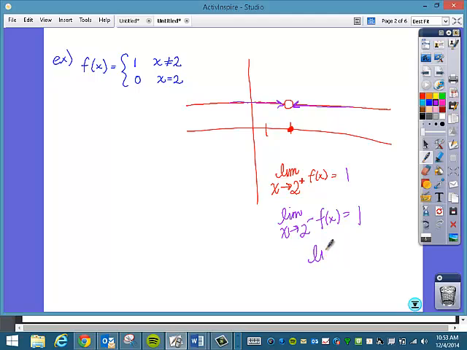So the overall limit, the limit as x approaches 2 of f of x, is 1. But what is f of 2? You might be thinking that f of 2 is 1. However, f of 2 is 0, because we don't actually have a point at 2, 1. It's approaching 1, however, the value of f of 2 is 0.